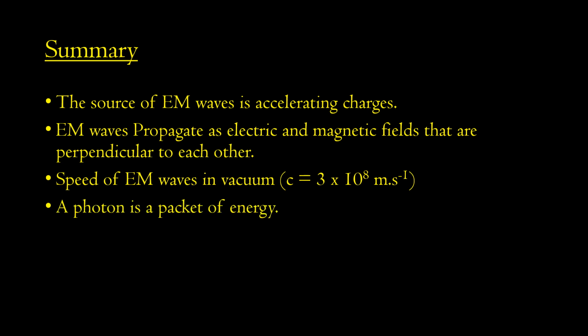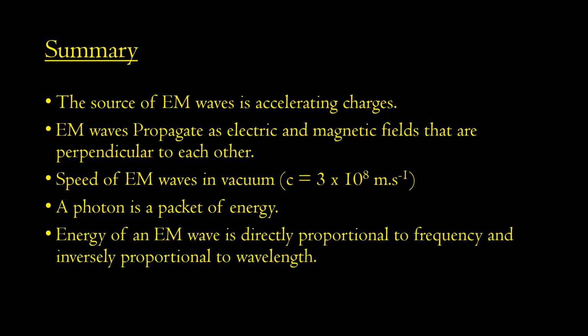We've also learned that a particle of electromagnetic waves called a photon is just a packet of energy, and this energy we can calculate, and that energy is directly proportional to the frequency and inversely proportional to the wavelength.